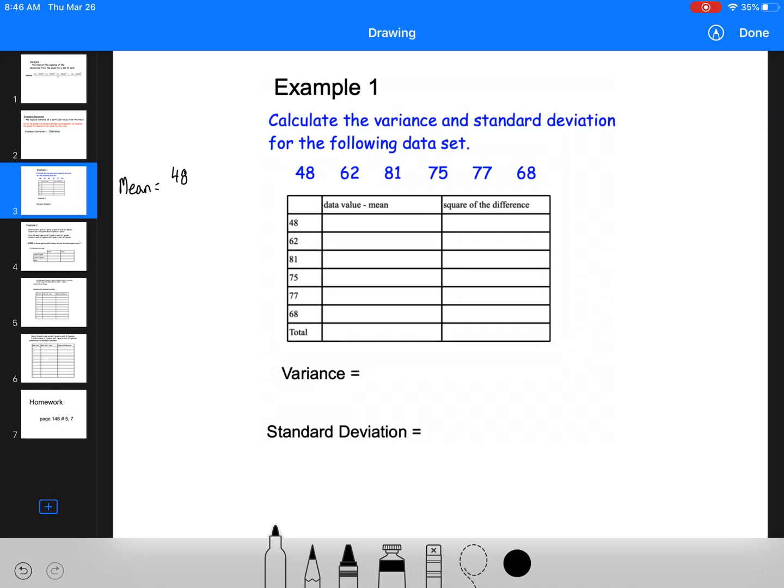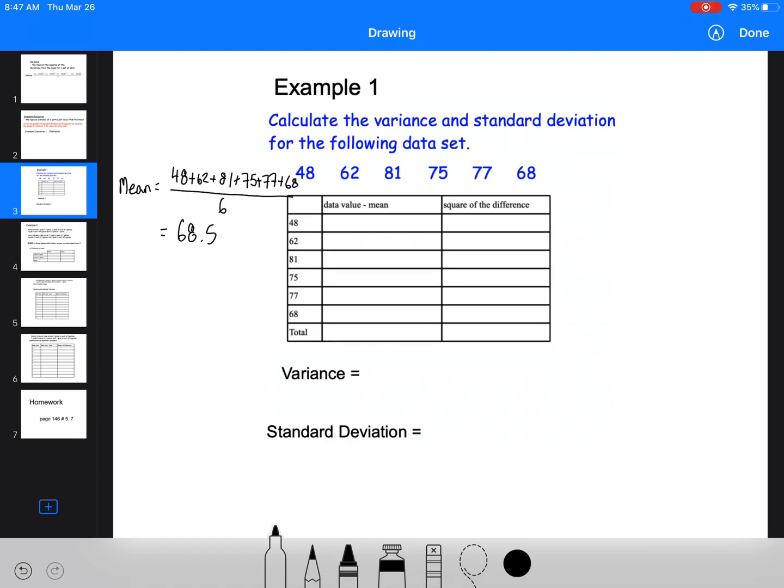Our mean value is all of the values, 48 plus 62 plus 81 plus 75 plus 77 plus 68, all divided by the number of values, which is 68.5.